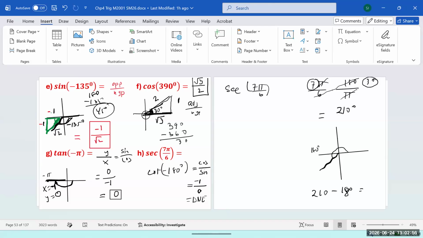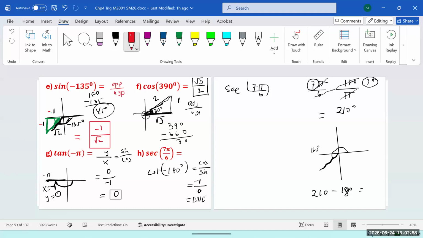This tiny reference angle, 30 degrees. So let's make a triangle for 30 degrees. What's the opposite of 30 degrees? 1. The hypotenuse is 2. That means the opposite of 60 degrees must be square root of 3.